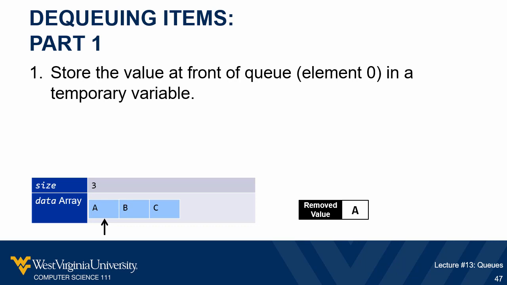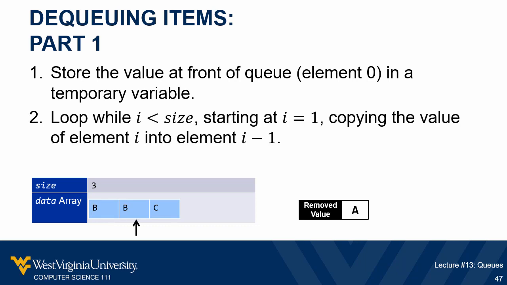Once we've done that, we're going to loop. We're going to start at index 1, so the second item in our data array. And as long as our counter variable i is less than size, the number of elements that we're actually using here, we're going to take the value that's at i, and copy it into the previous element, i minus 1.